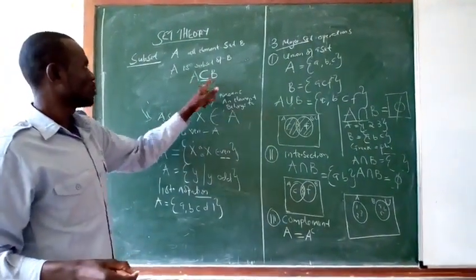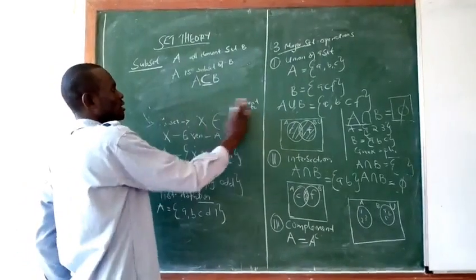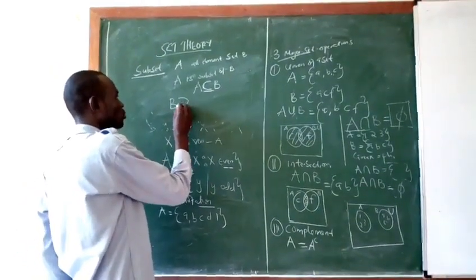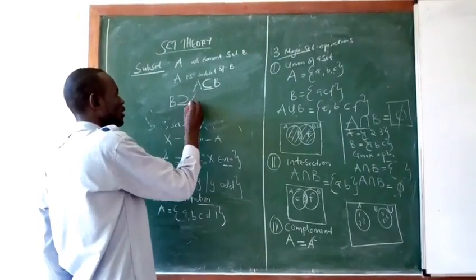A is a subset of B, and B is a superset of A.